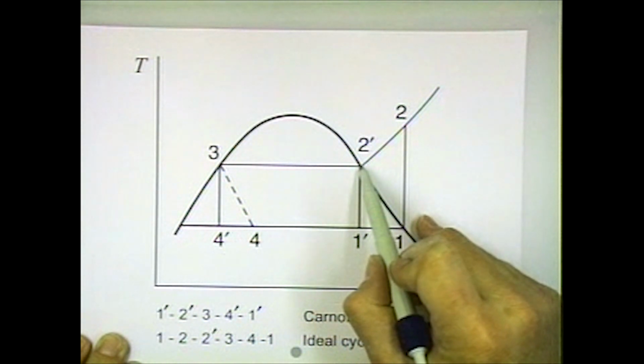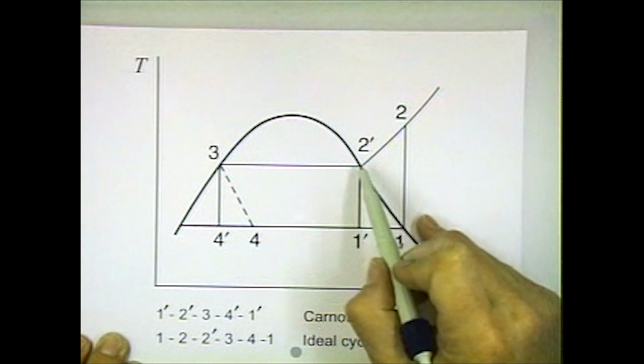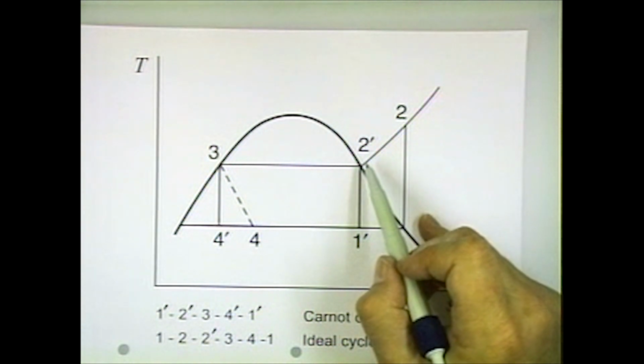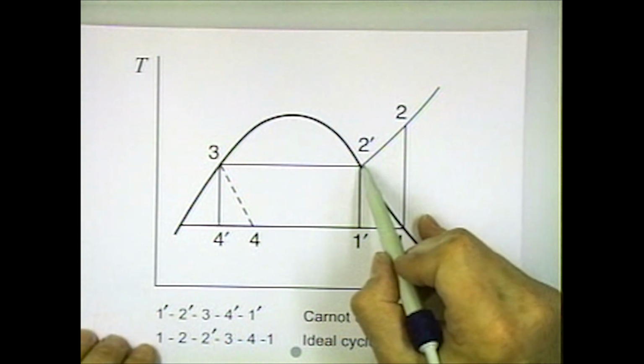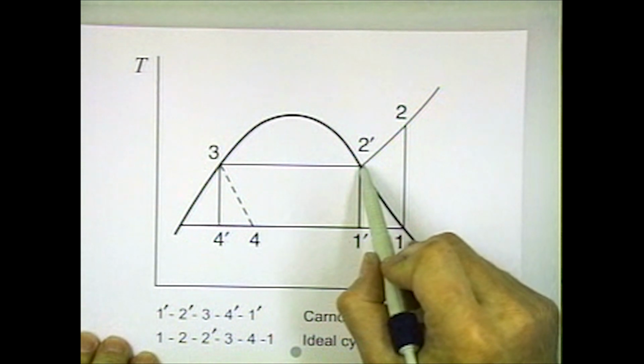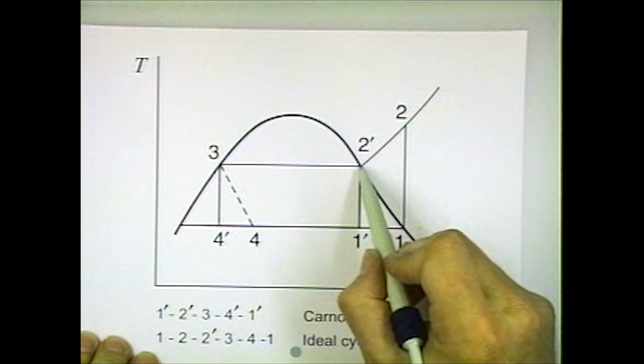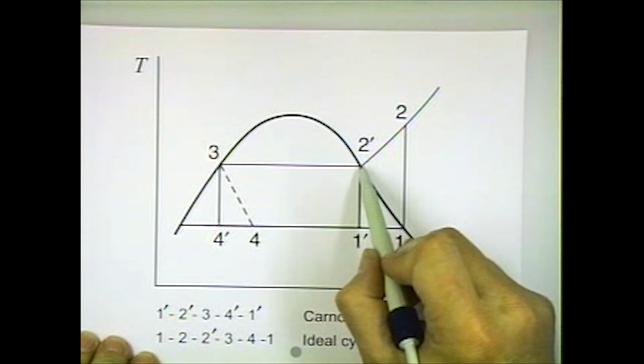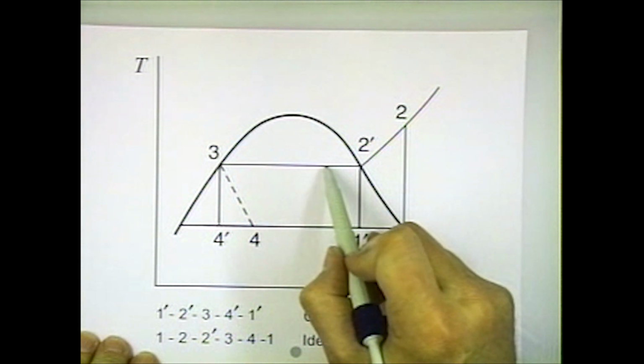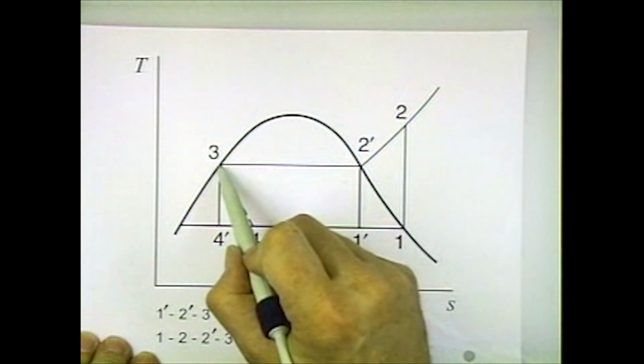Here at 2', we're leaving the compressor, and now we're going to have a constant pressure process where we go from the gas through the condenser to a liquid.